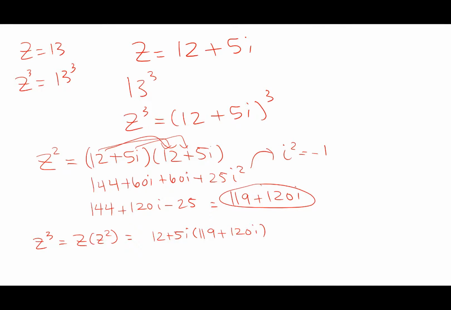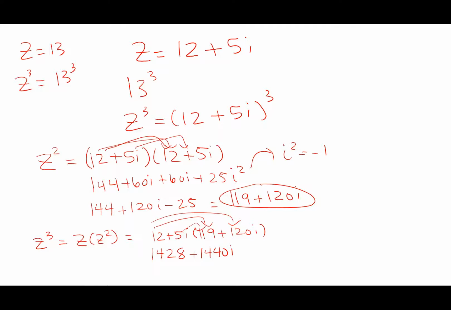FOIL that out again. 12 times 119 is 1,428. 12 times 120i will give us 1,440i.